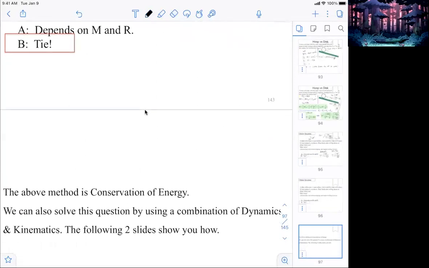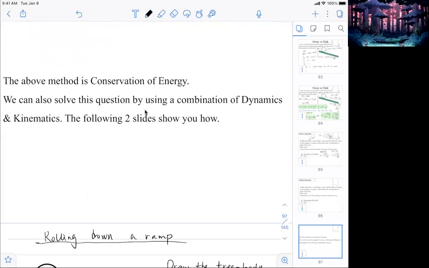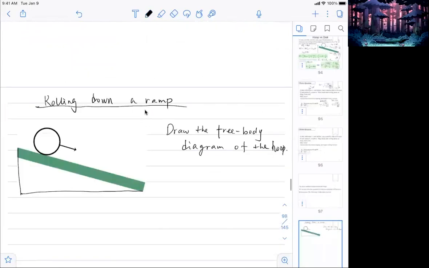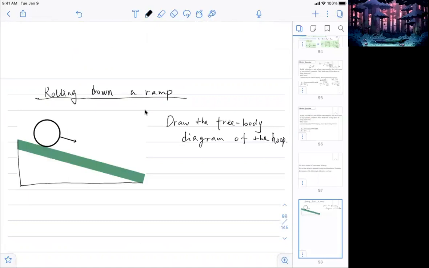So the above method I'm showing uses conservation of energy. We can solve the same problem by using a combination of dynamics, force, drawing a free body diagram, and kinematics. So first of all, let's draw the free body diagram of the hoop. I'll give you a minute. On your notes, you can go ahead and try to draw the free body diagram for the hoop.